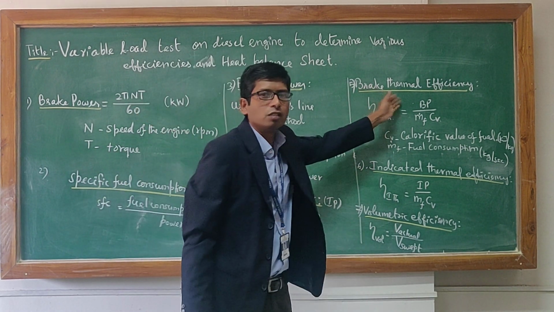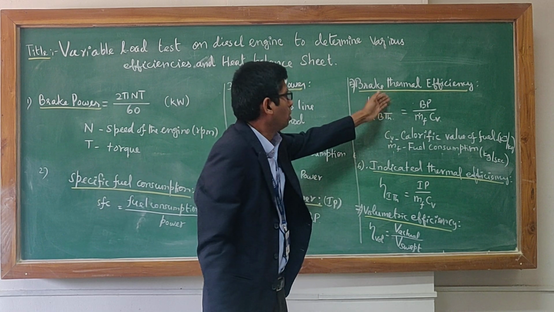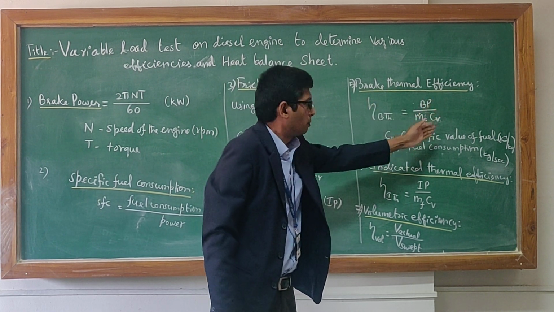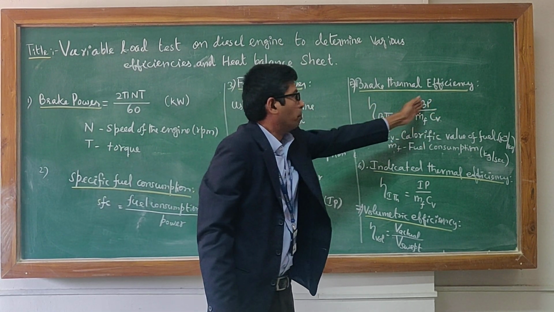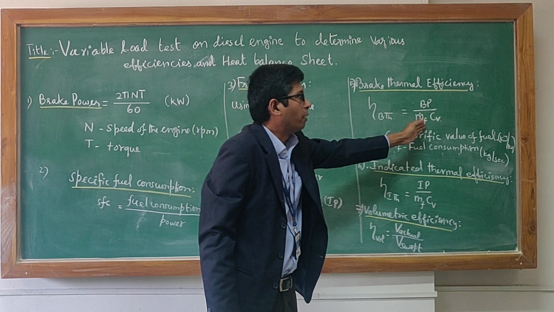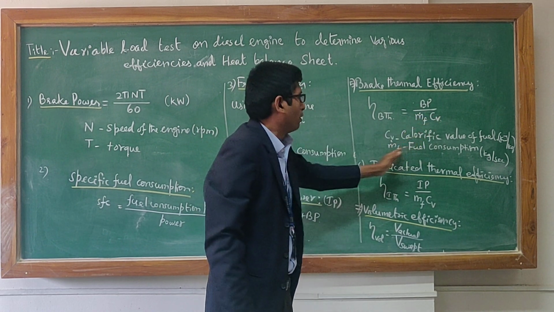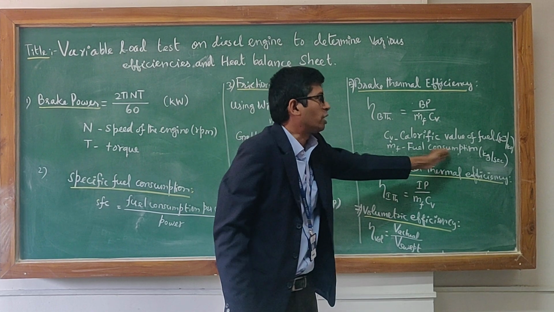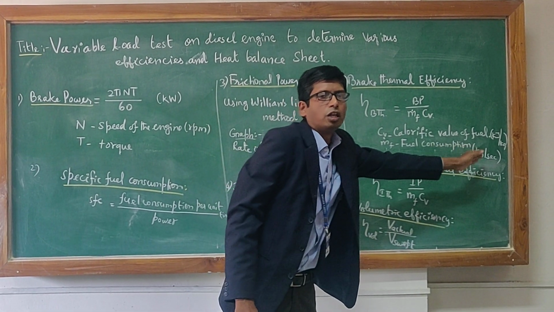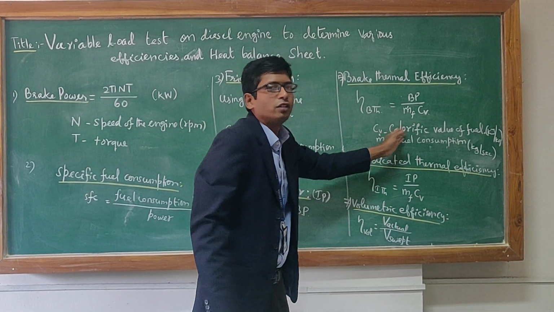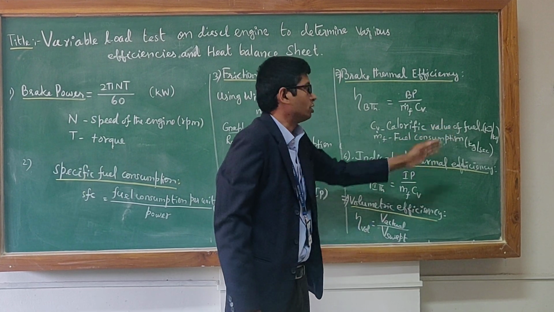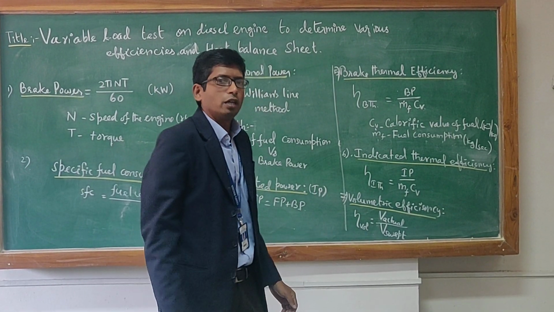Then the other efficiencies which we are going to calculate. Brake thermal efficiency is the brake power upon mf into CV, where mf is the fuel consumption in kilogram per second, and CV is the calorific value of the fuel, in kilojoule per kilogram.